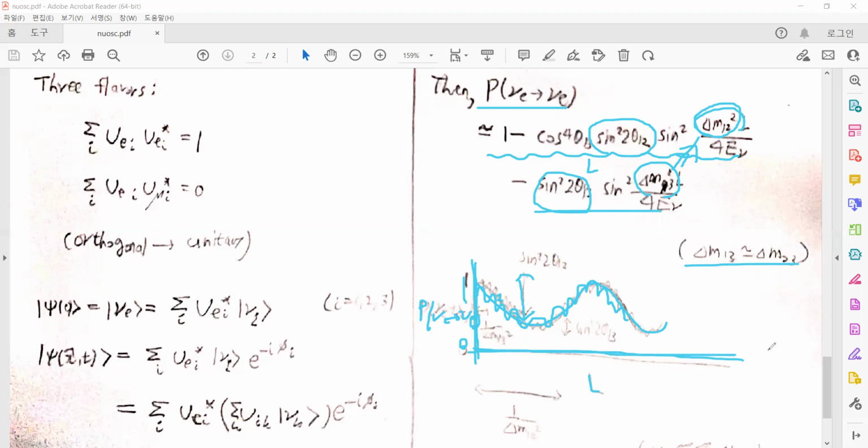So that is the behavior of the three-flavor neutrino oscillations. And the neutrino oscillation is strong evidence that the neutrino's mass is not equal to 0. So we demand that physics beyond the standard model for the neutrino mass is necessary.